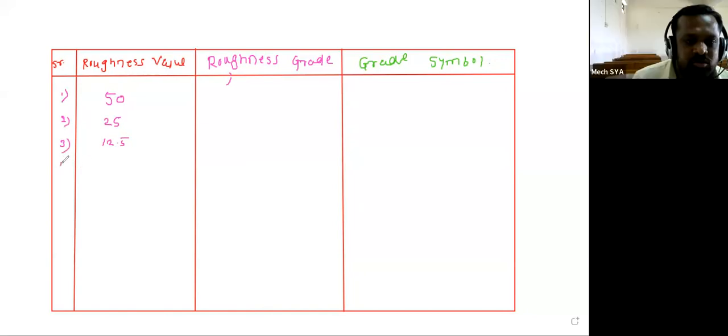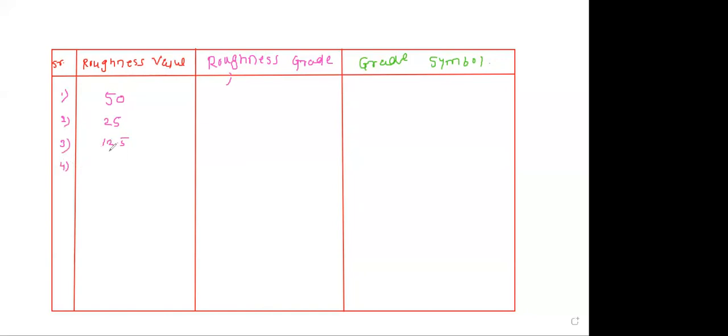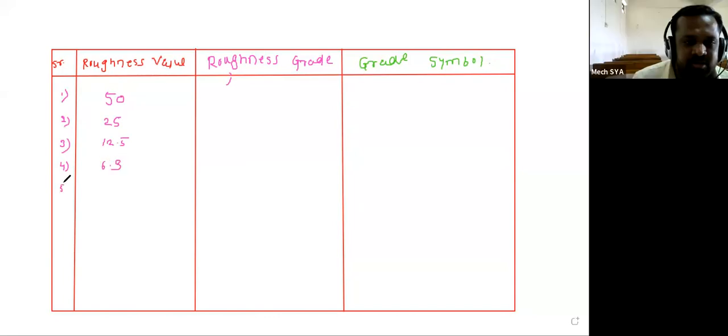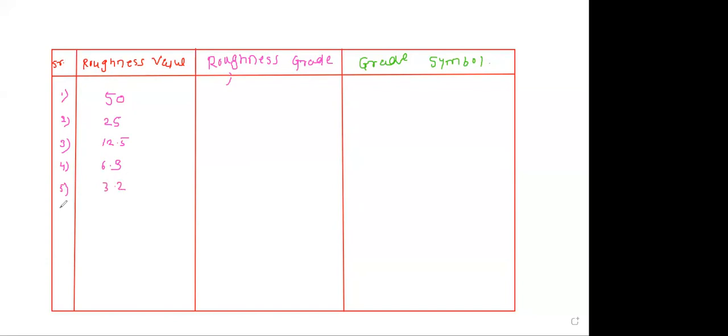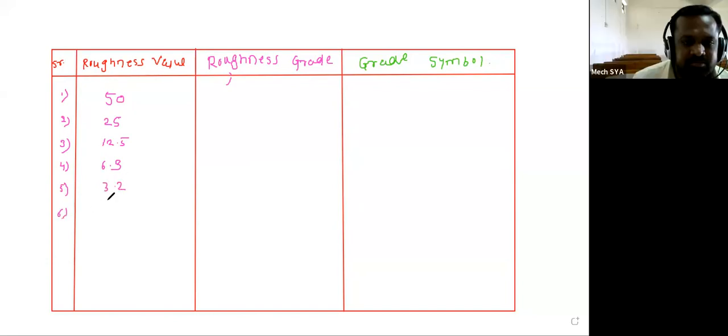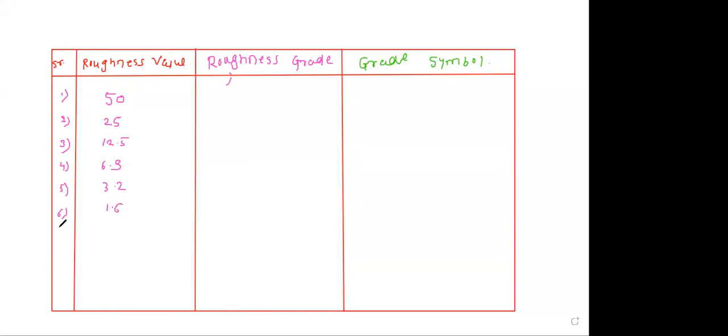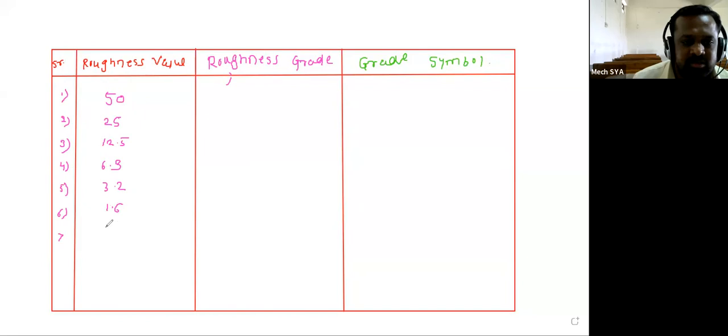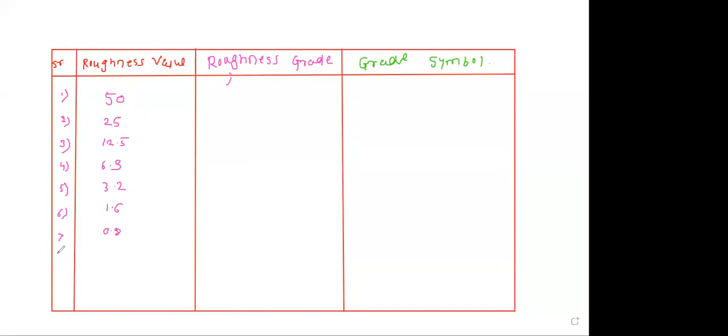Then fourth, 6.3. Then fifth, 3.2. Then sixth, 1.6. Then next 0.8. Then next 0.4.